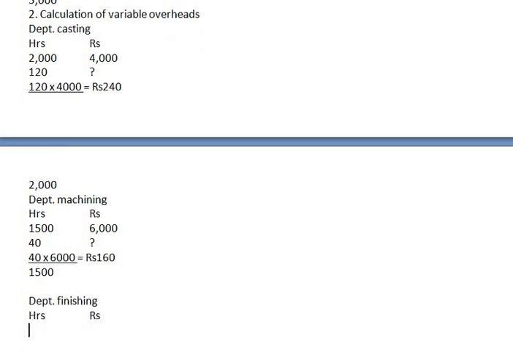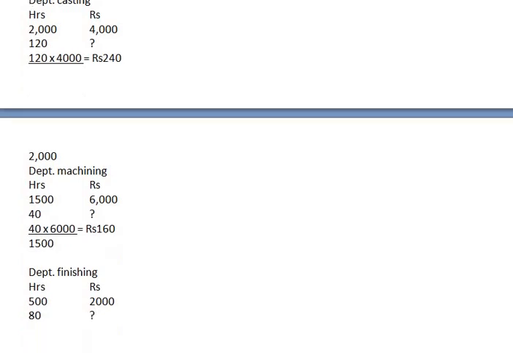Now here they have given for 500 hours they are paid 2000. Now department finishing is worked for 80 hours. It means how much expenses incurred?